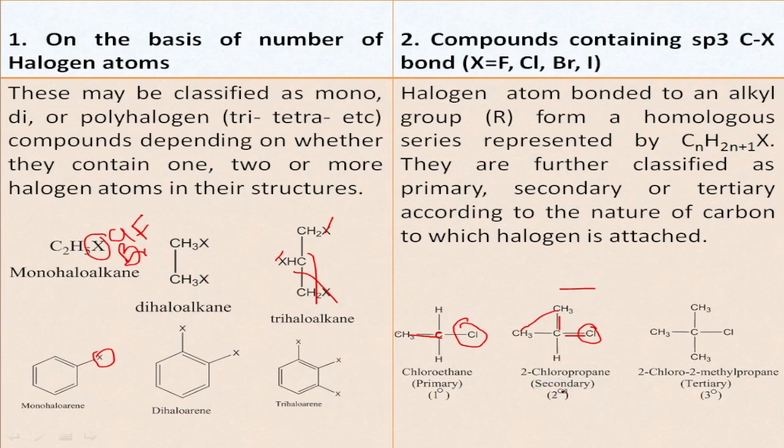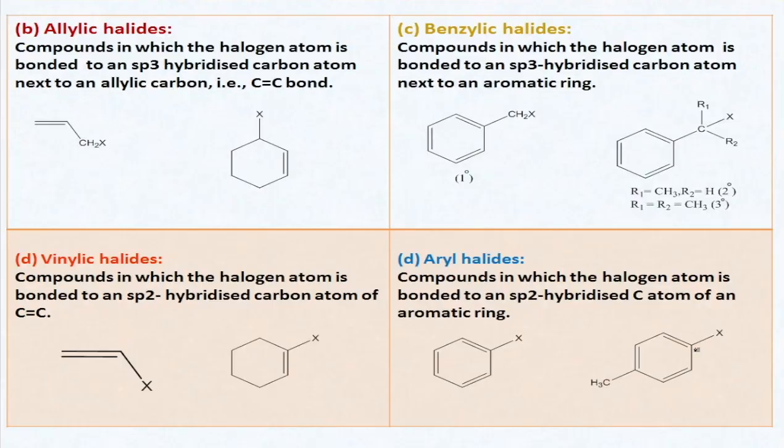In the third one, the chlorine is attached to a carbon that has three carbon groups attached, so it is a tertiary carbon.